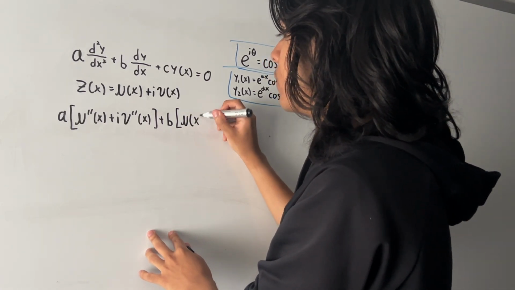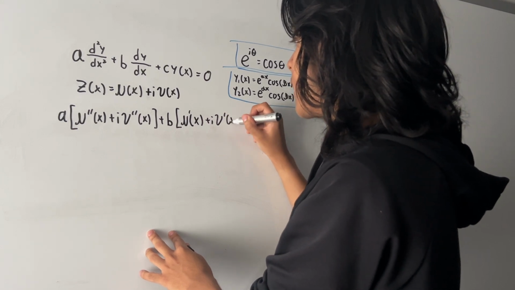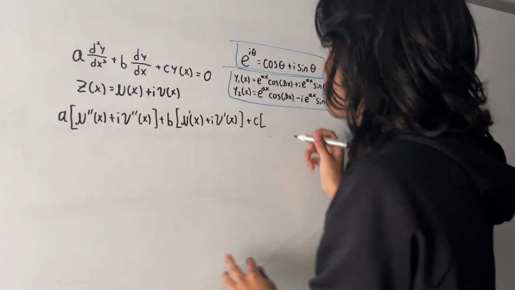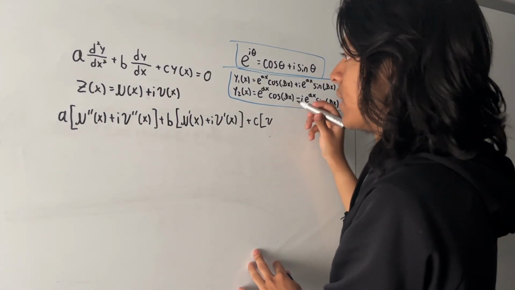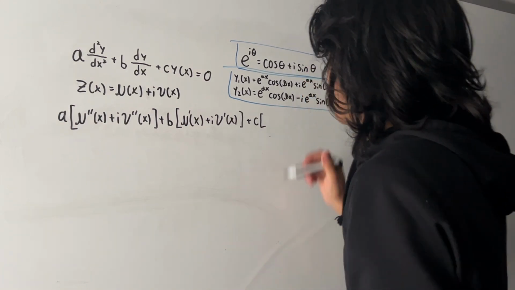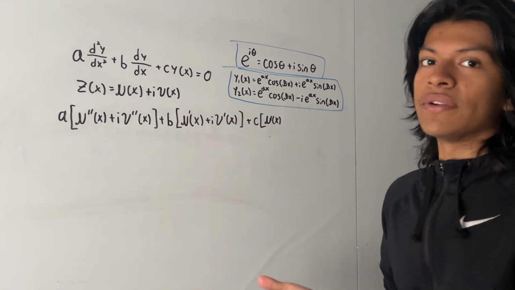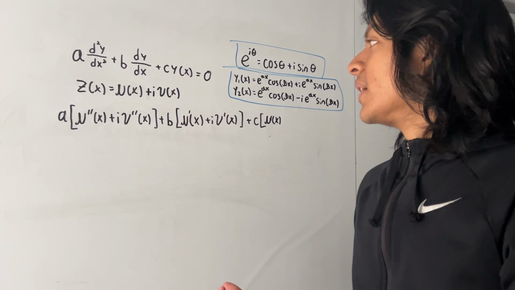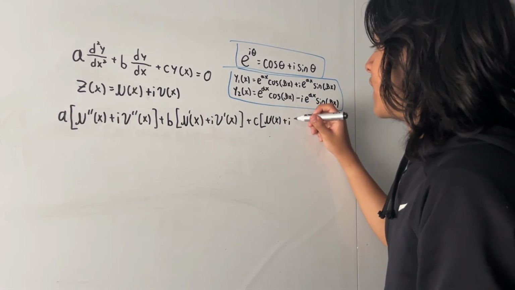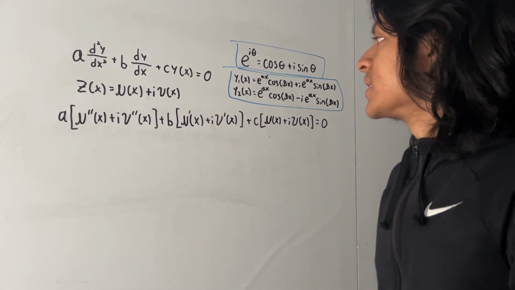So u prime of x plus i v prime of x. Then c, and then this is just the same function. So we have u of x plus i v of x, and that's going to be equal to 0.